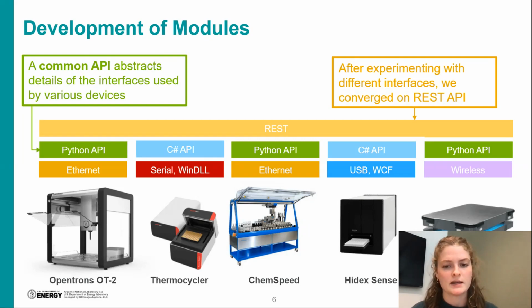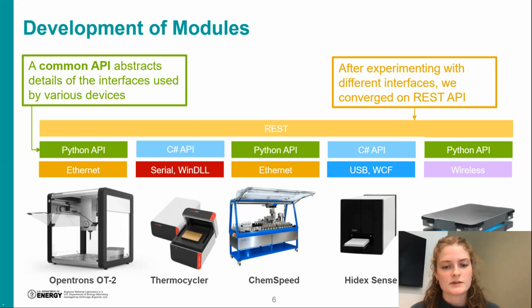So if we look at maybe two examples, the thermocycler and the OpenTrons OT2, and we've got an arm that can transfer plates between them. What we've done in order to make the communication standardized is we've added two software layers on top of the base communication layer that allow us to capture what's happening with the instrument and report out what actions that instrument can do to the WEI server, which I'll describe later.